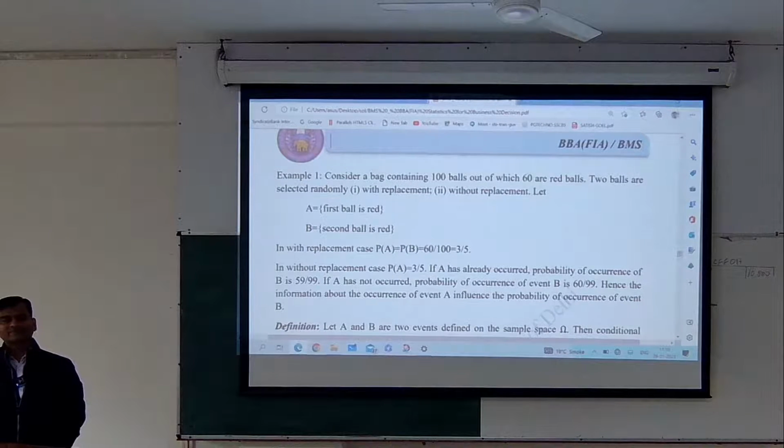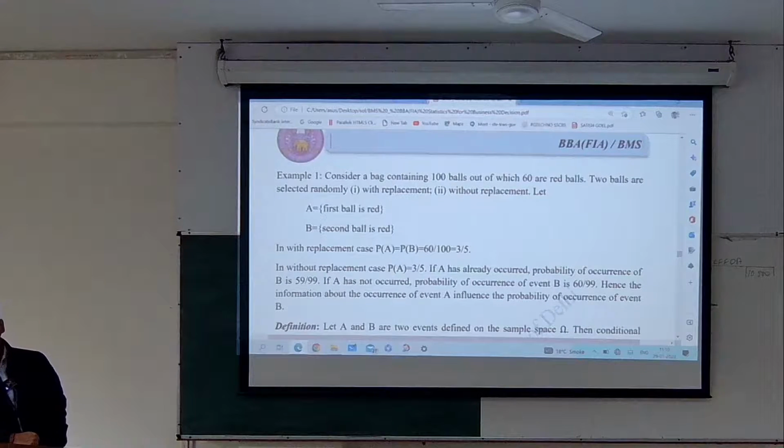दोनों एग्जाम्पल हमारे पास. Okay, so let we say A represents the first ball is red and B represents the second ball is red.